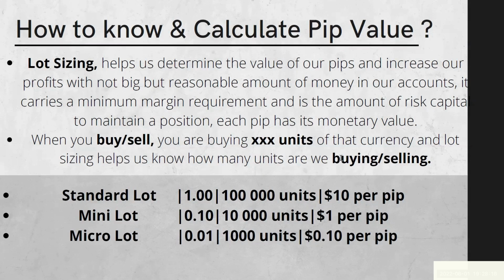Because that simply means that if you have 5 trades or positions losing, and let's say you lose that 10 pips as a stop loss, then you're going to take that 10 and multiply by the number of your trades, which is 5. So 10 times 5 is going to be 50.